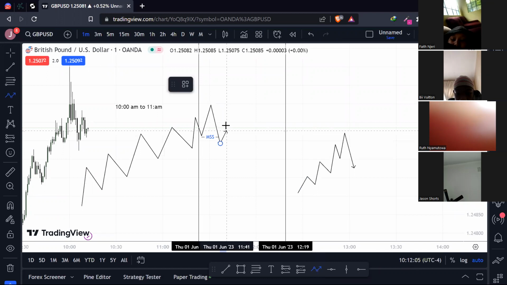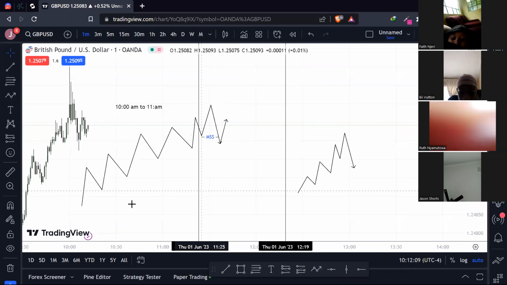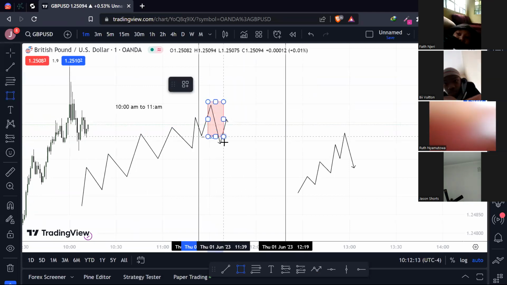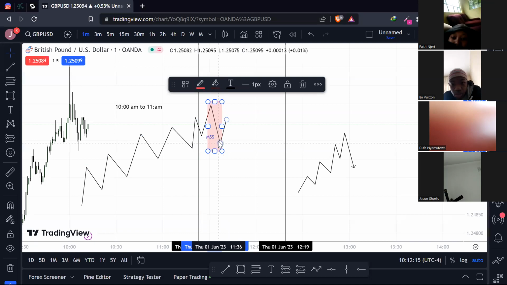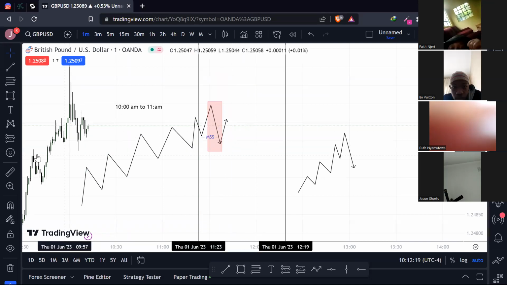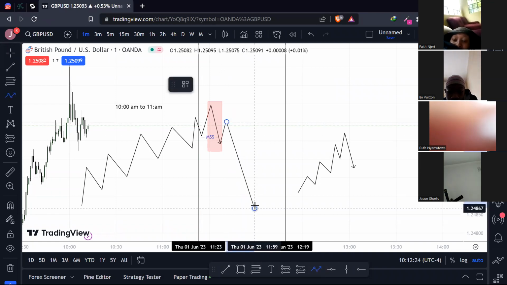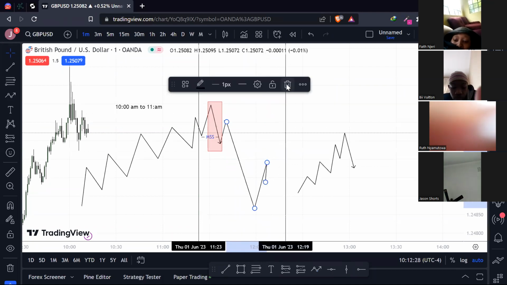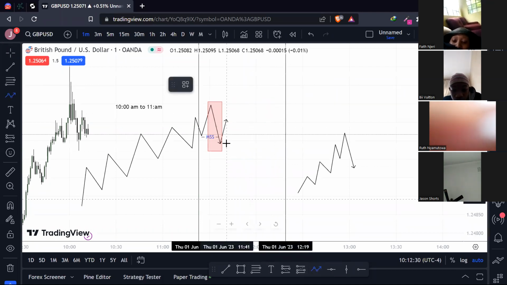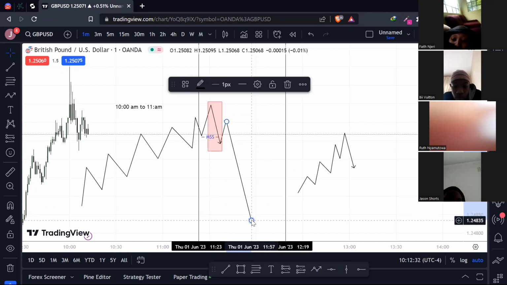the price comes back to the displacement right here. See, this is the displacement, and the price comes back to the displacement and trades down, like this.